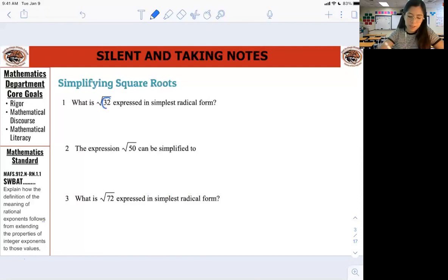What I'm going to do is take 32 and list out the factors of 32. So what can I multiply to get 32? 8 times 4.